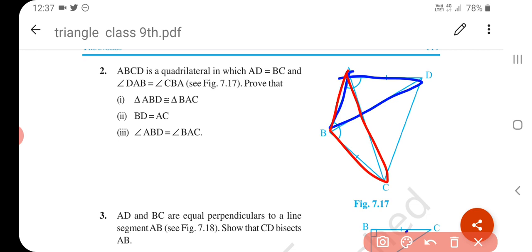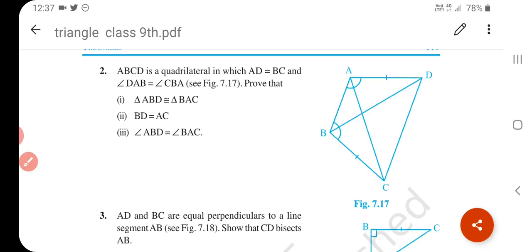Now angle DAB is equal to angle CBA because it's given, and AB is equal to AB because it's a common side. So according to SAS, side angle side, these two triangles are congruent to each other. अब अगर ये दो ट्रायंगल कॉन्ग्रुएंट हैं तो BD क्या इक्वल होगा AC के?